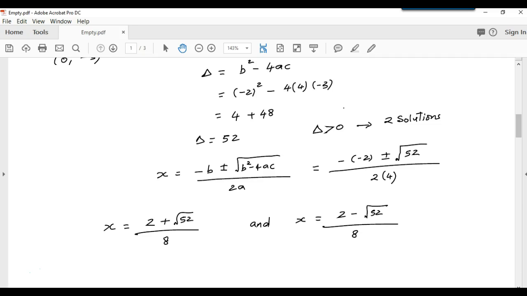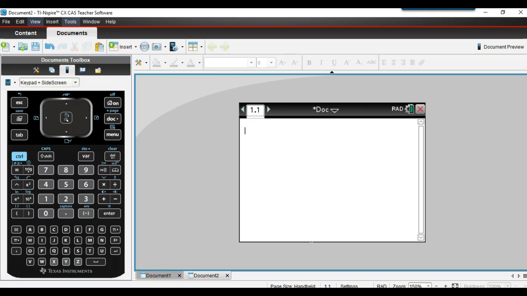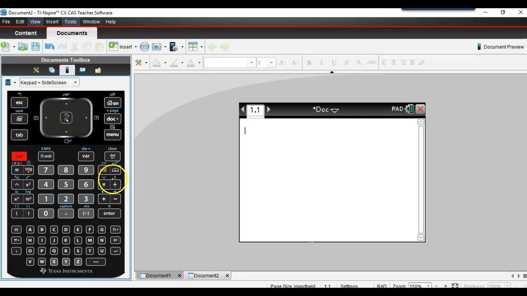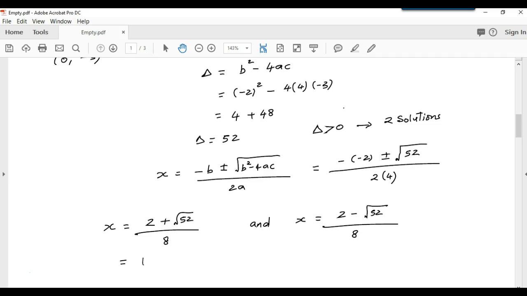In order to sketch these points on graph paper, we need the approximate value for each of these x values. So we're going to load up our CAS calculator, and find the values for each of these x-intercepts. 2 plus the square root of 52 over 8 gives us the value 1.15.